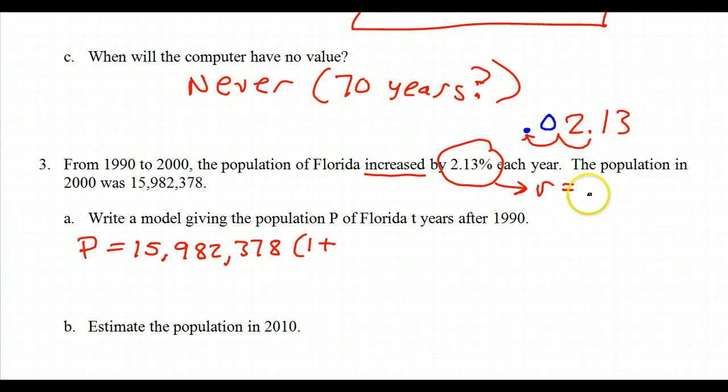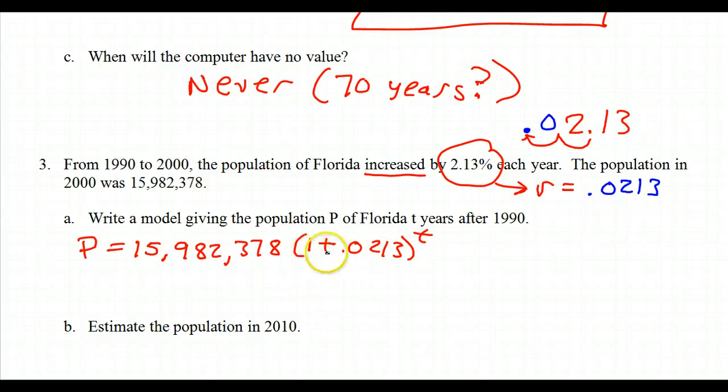So this rate is going to be 0.0213. Please do not leave off these decimal numbers. You're going to have to keep them. So we got 1 plus 0.0213, to the power of time.